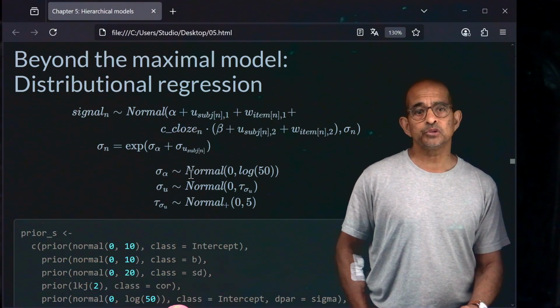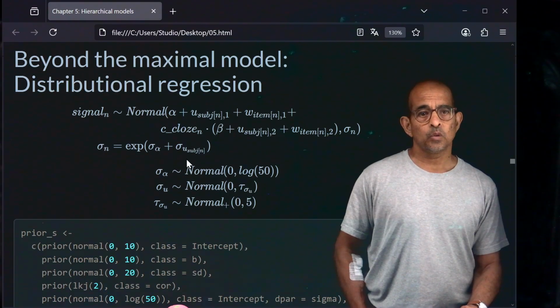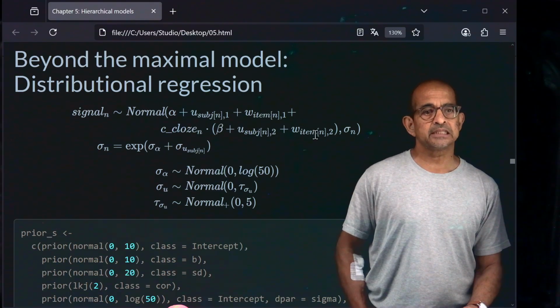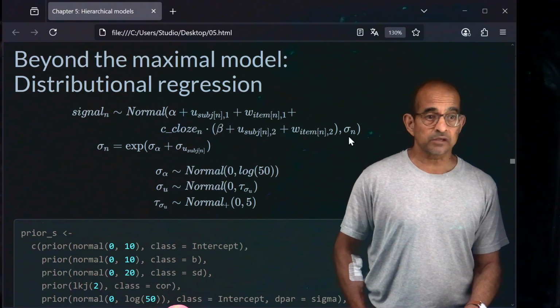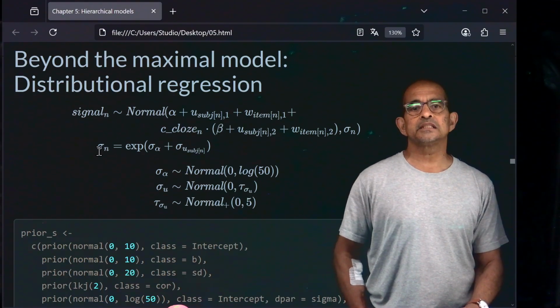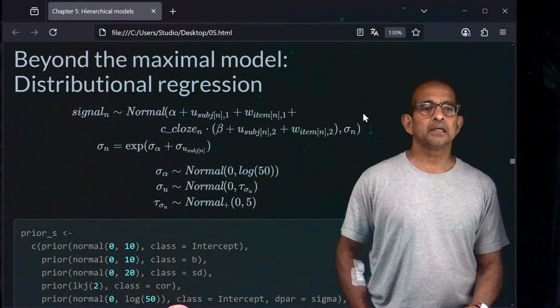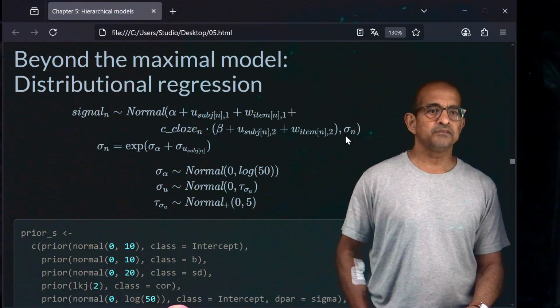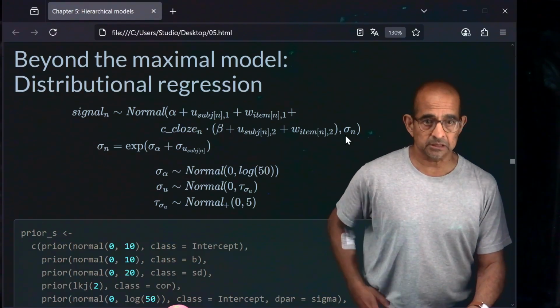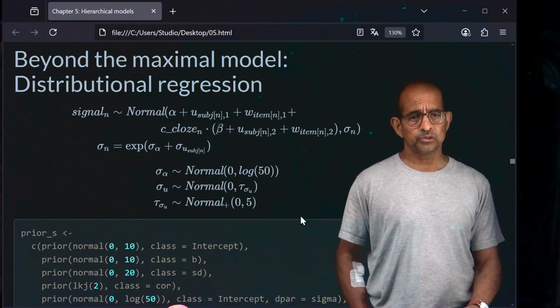So what we're going to do is exponentiate whatever the end result of this addition is going to be. Once we exponentiate that, we are going to get positive only values. So that's why this exponentiation happens here, and this sigma_n will be then the residual standard deviation, which will have an adjustment by subjects as well, right?